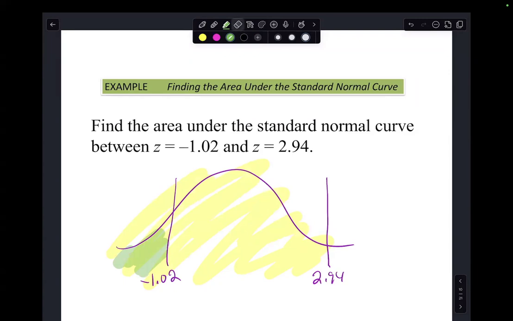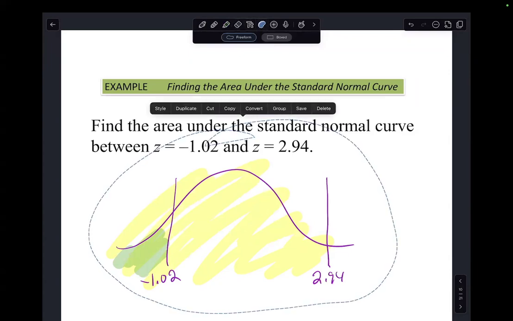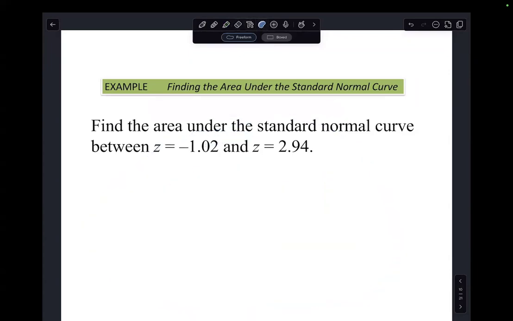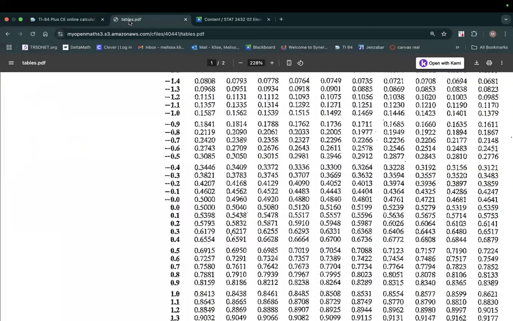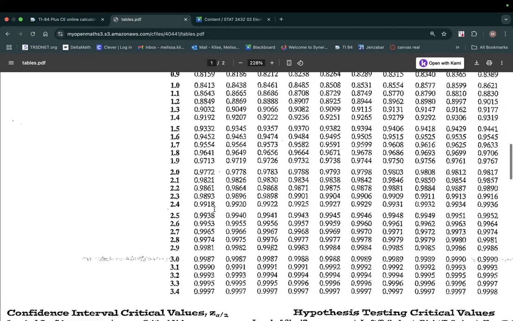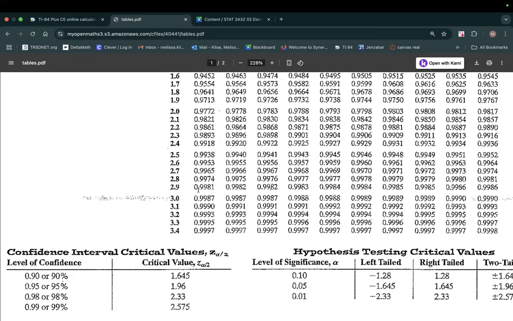Let me erase what I have. Sometimes I get excited and I just fill up way too much room. So what I'm looking for on my Z-table is the 2.94 first. So there's 2.9, 0, 1, 2, 3, 4.